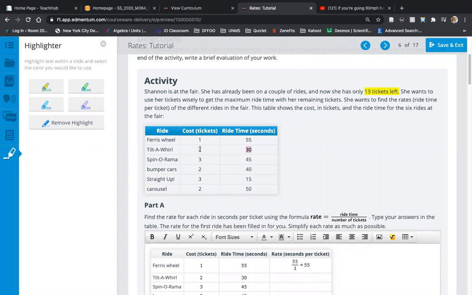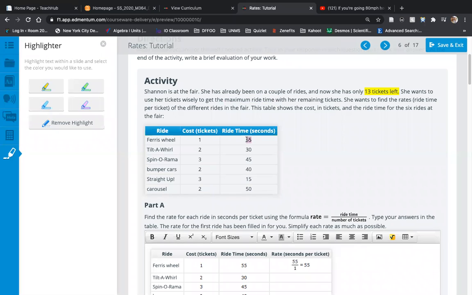If that was the case, this would be a very simple question, right? Could somebody tell me, if every single one of these rides only costs 1 ticket, what ride should she stick with to get the maximum amount of ride time? We can say it out loud, we can write it in the chat. Okay, good, the Ferris wheel, right? That's a very easy question if they all cost the same amount of tickets, mainly because the Ferris wheel is the longest ride.